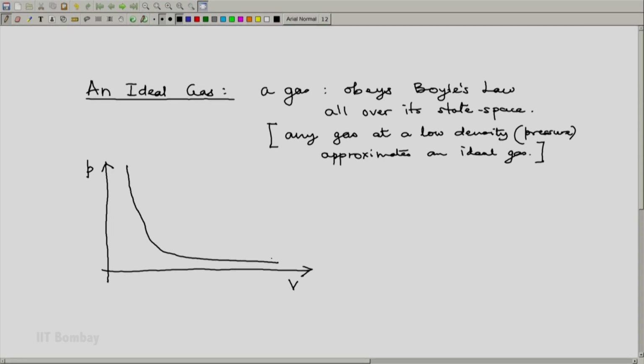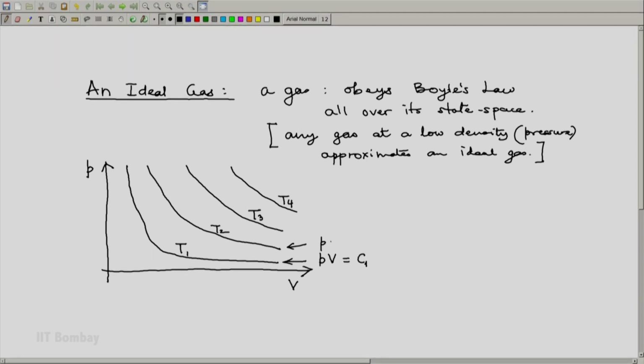For an ideal gas, if you plot the isotherms on the PV plane, we will get at low temperature a figure like this, then the high temperature, still higher temperature, still higher temperatures. At different temperatures, we will get different isotherms, and each one of these isotherms would be represented by PV equals some constant C1.